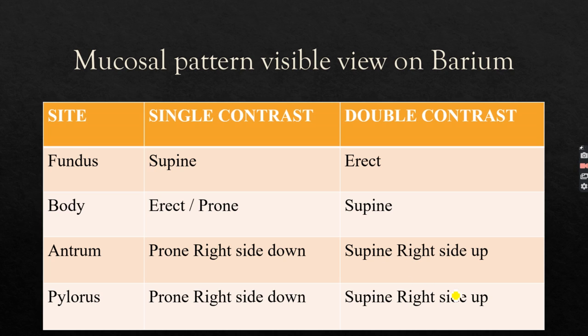And again, for antrum and pylorus mucosa in double contrast, supine position with right side up in both conditions, whereas in single contrast, prone, just opposite to the supine, and right side down. Right? This is the basic difference between single contrast and double contrast positioning of the patient during mucosal pattern view or mucosal relief view in barium meal.